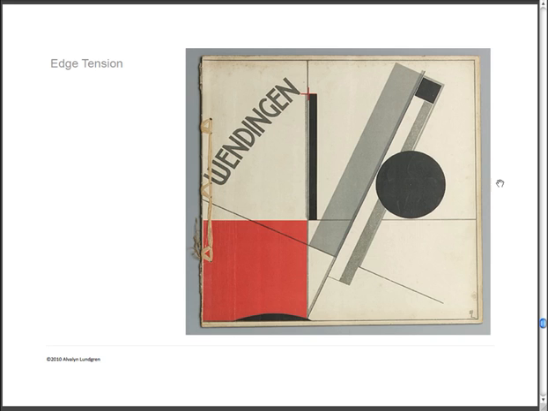In this book cover, actually it's a magazine cover, we have a lot of edge tension happening. We first of all have a closed form. There is a framing device that is part of the design. We have the long gray rectangle attached to the black line here, and of course it's definitely attached to the diagonal line, and it's approaching being attached to the top edge.